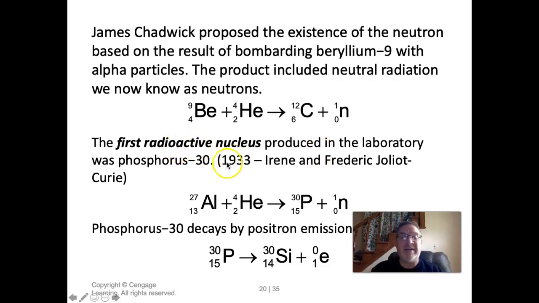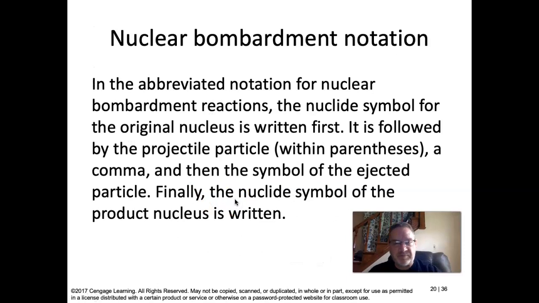The first radioactive nucleus that was formed is this phosphorus-30. You look at the discoverers here, 1933, and the bombardment reaction and the decay reaction used for that. In each of these reactions, do the math real quick with the atomic numbers on the bottom, the mass numbers at the top, and you'll see that balance.